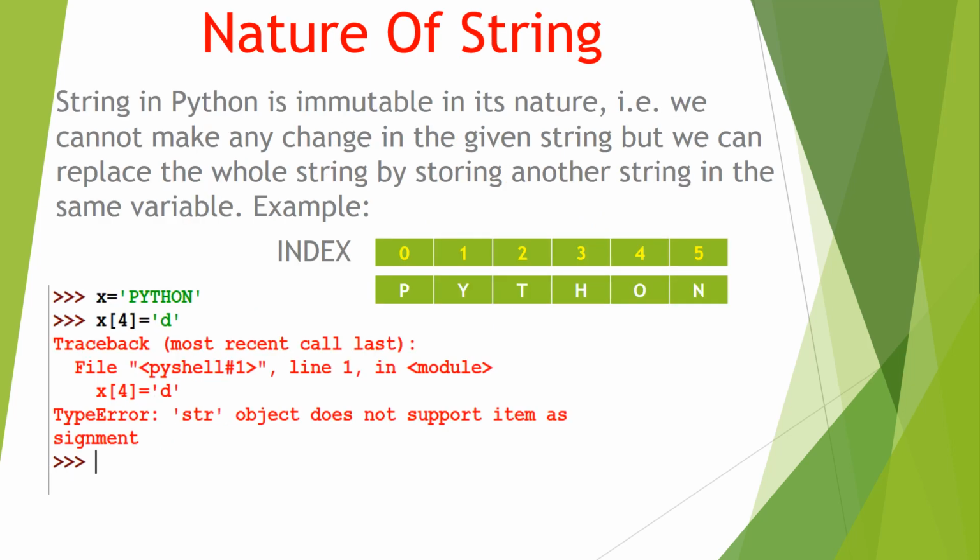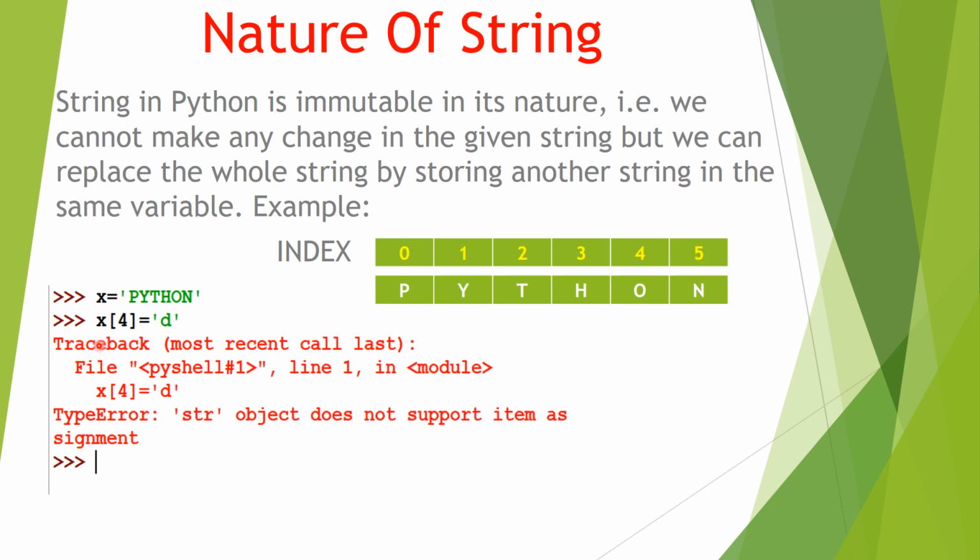Nature of string. String in Python is immutable in its nature. That is, we cannot make any change in the given string, but we can replace the whole string by storing another string in the same variable. Example, in a variable x, Python is stored, and the index value of P is 0, Y is at index 1, T is at 2, 3, 4 and so on.